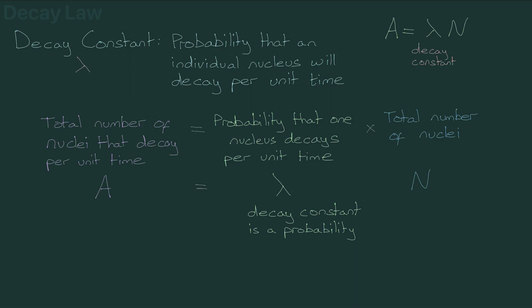Okay, let's finish off by relating everything to the half-life. Starting with the decay curve equation, N equals N0 e to the minus lambda t. We're going to say that when time t equals t half, N drops to half its original value, which was N0.